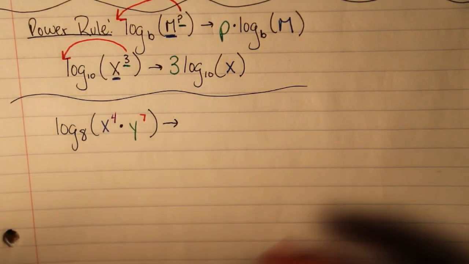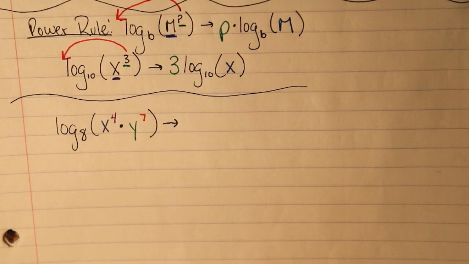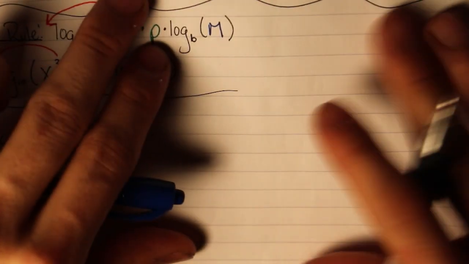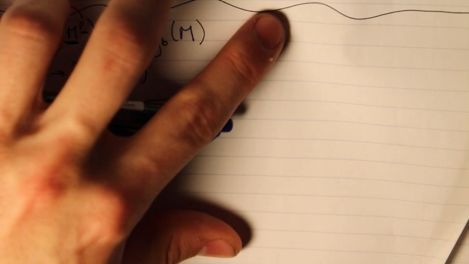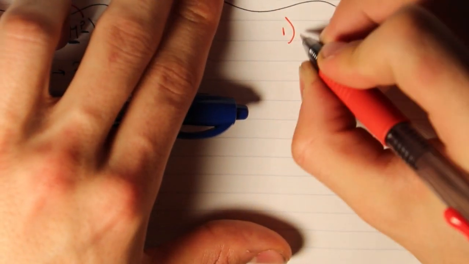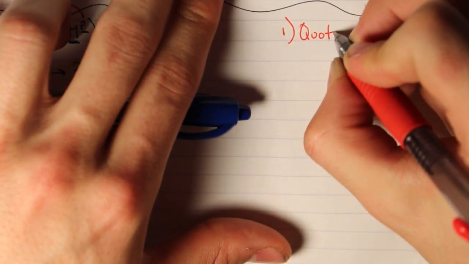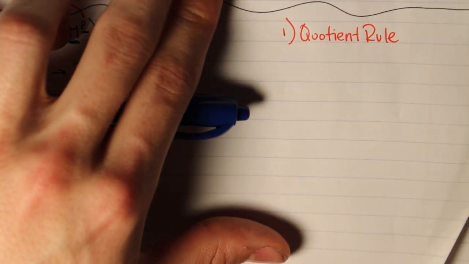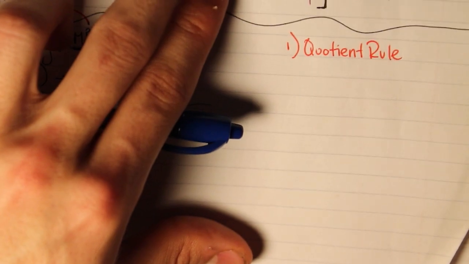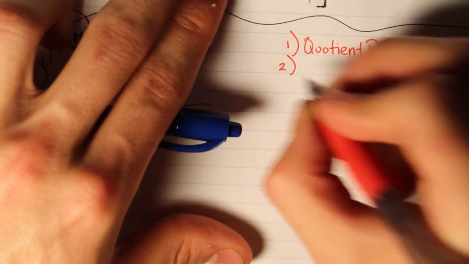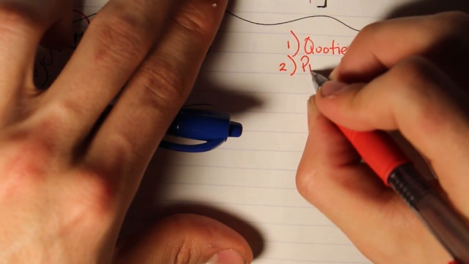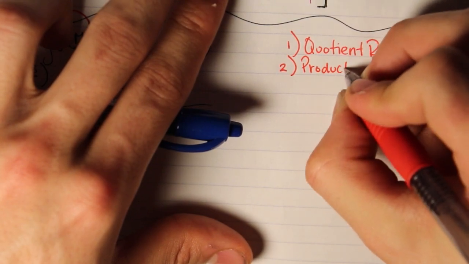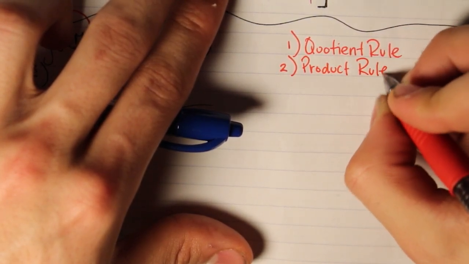The way I personally like to do these rules in order, I'll write it over here for you, is first I will do the quotient rule if there is one. Then I'm looking for the product rule.